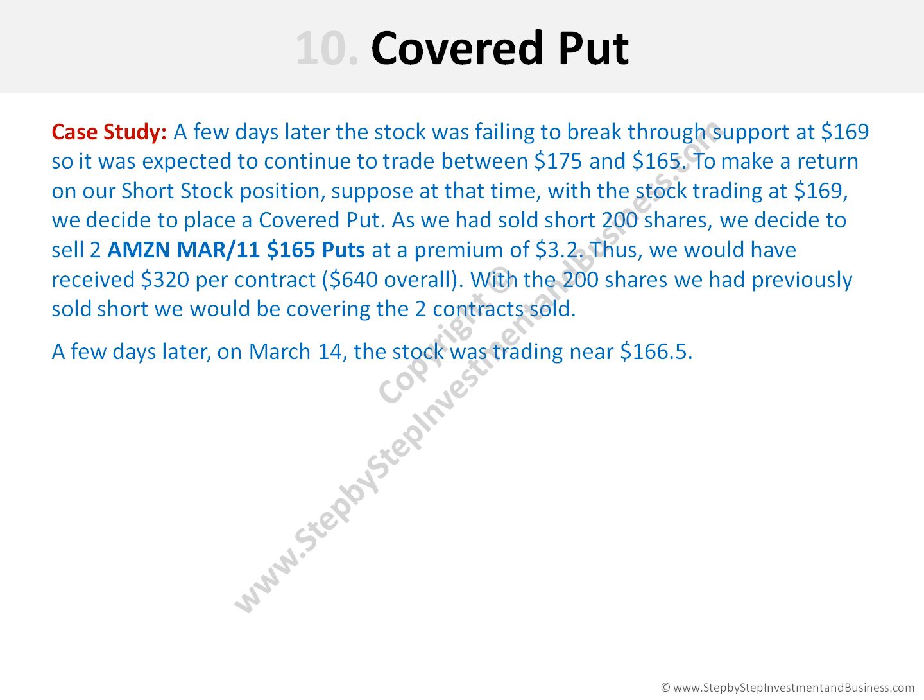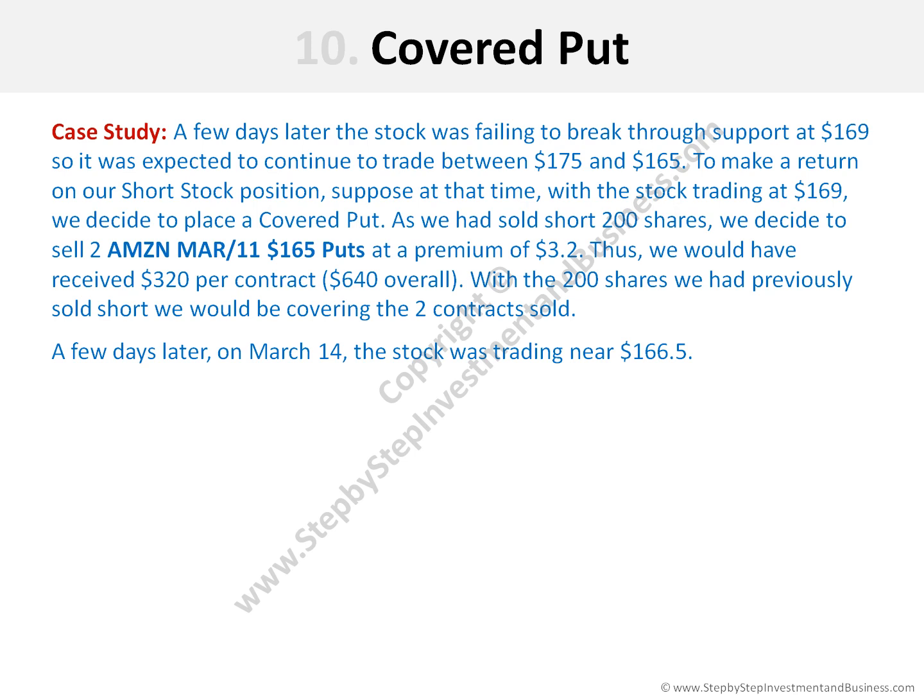Thus, we would have received $320 per contract, that is, $640 overall. With the 200 shares we had previously sold short, we would be covering the 2 contracts sold. Notice that the puts are out of the money because their strike price is lower than the current stock price.